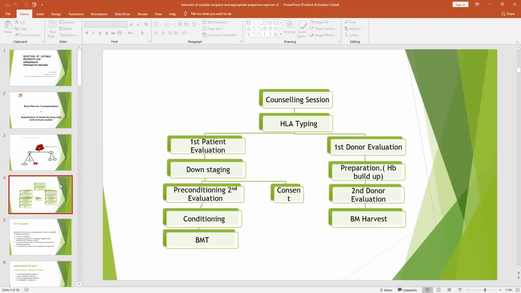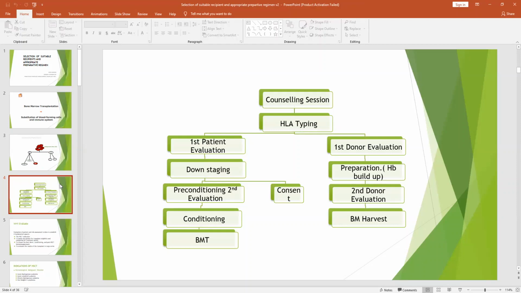Counseling is very, very important. And after that, it's not only in one session. Counseling may take many, many more sessions for the counseling of the patient and their families.